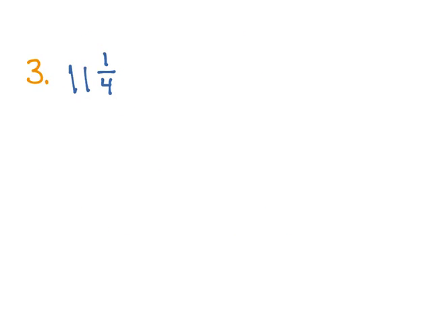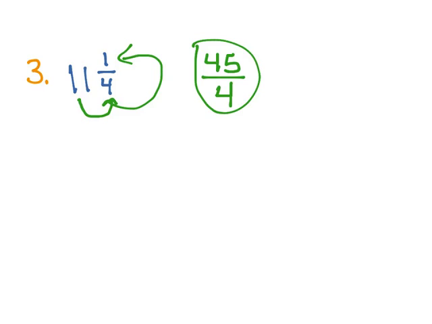Last one. Let's convert 11 and 1/4 to an improper fraction. I'll give you just a second to try it on your own. All right, so remember, 11 times 4 is 44, plus 1 is 45. Keep that same denominator of 4, so 45/4.